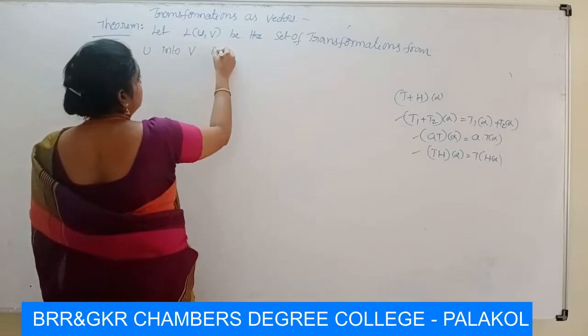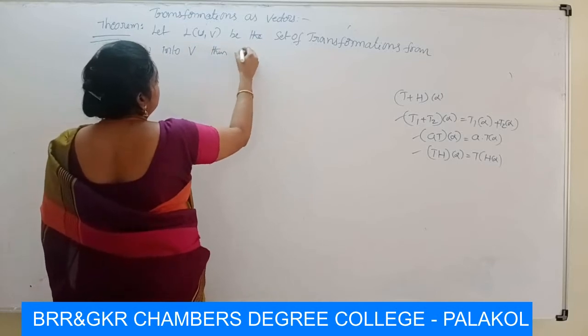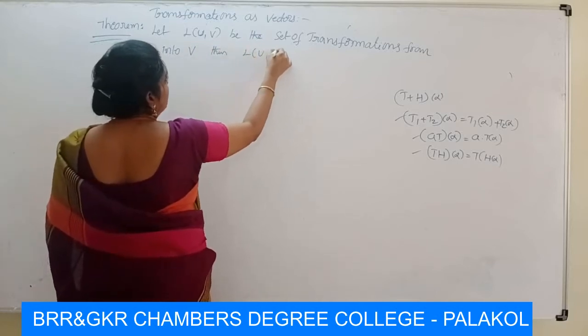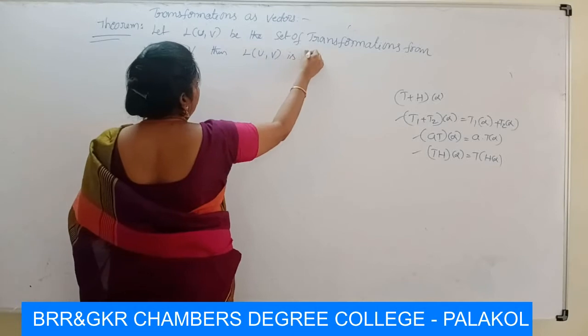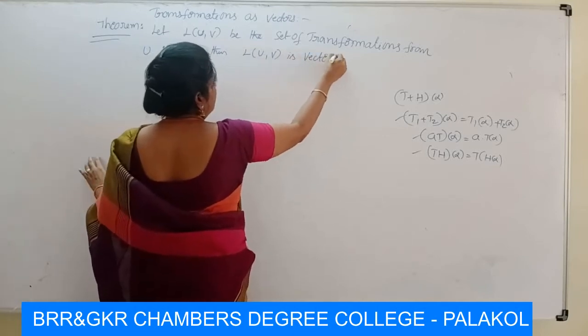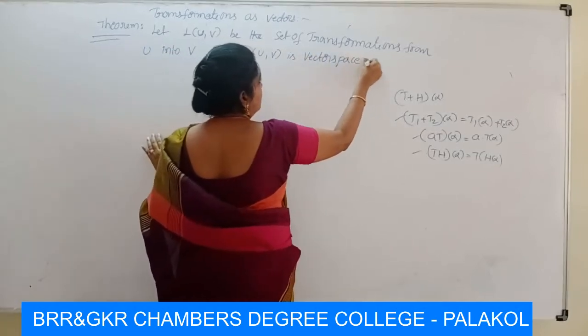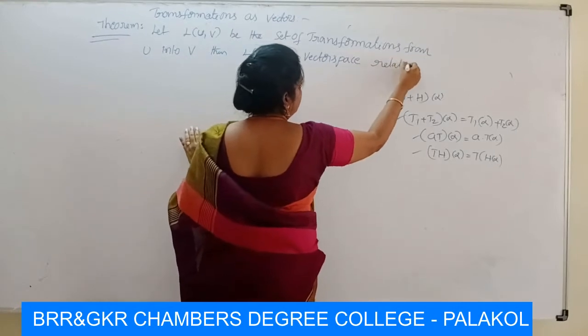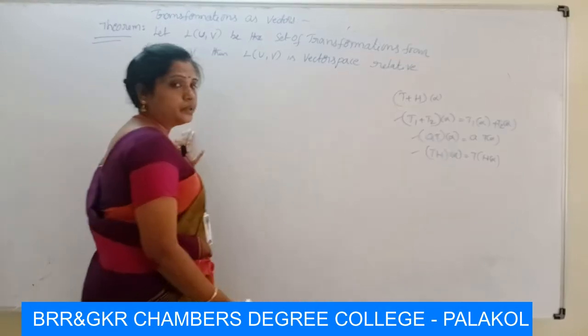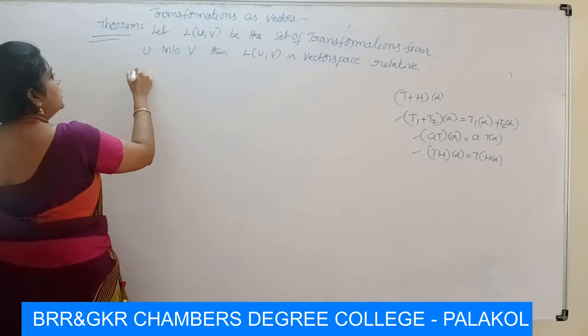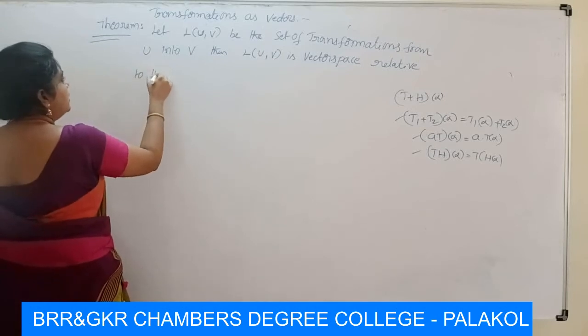Then L of UV is a vector space relative to the operations defined.